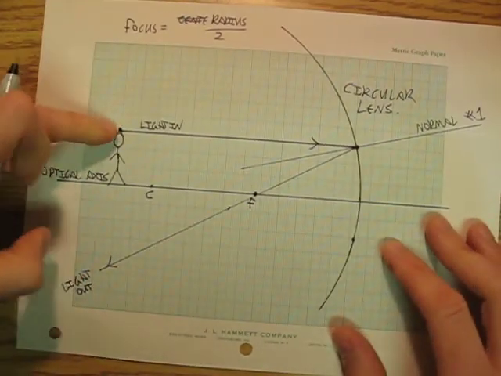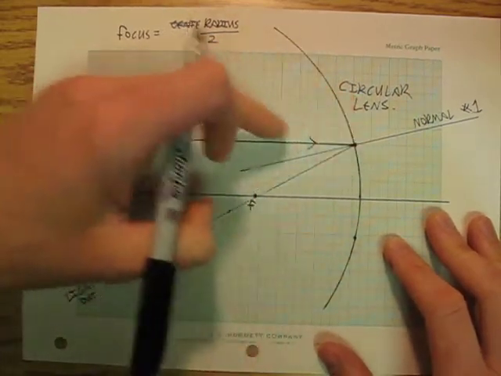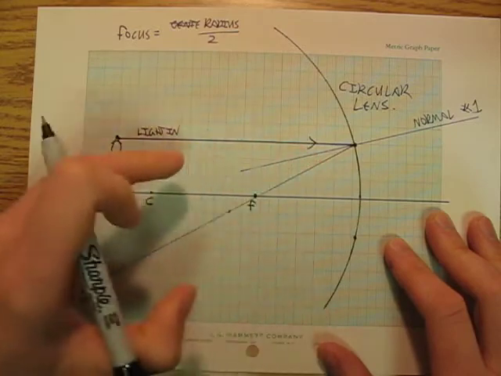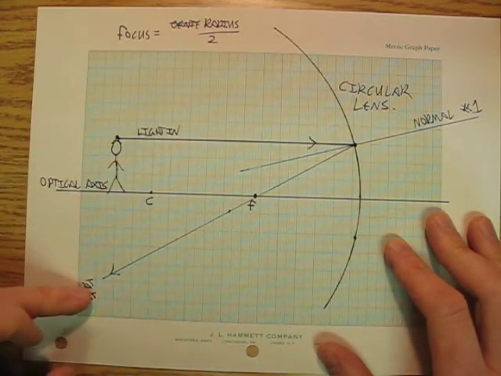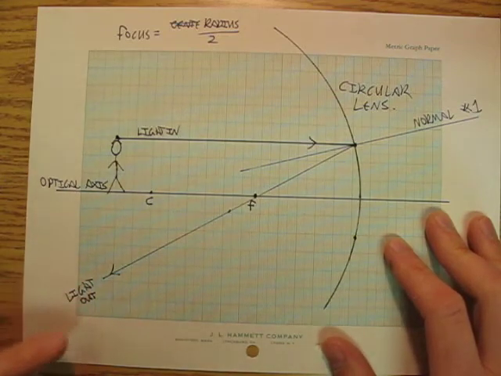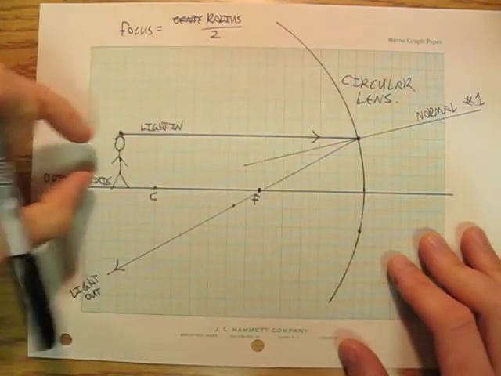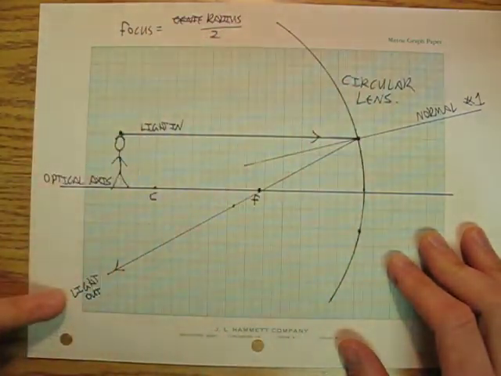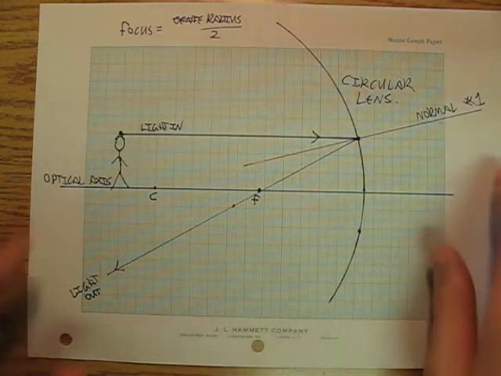So light from their head is coming into my big huge mirror, and when it gets to the mirror, angle of incidence equals angle of reflection, and it goes out that way. One thing that you notice is that the light that comes in parallel to the optical axis goes out along the focus.